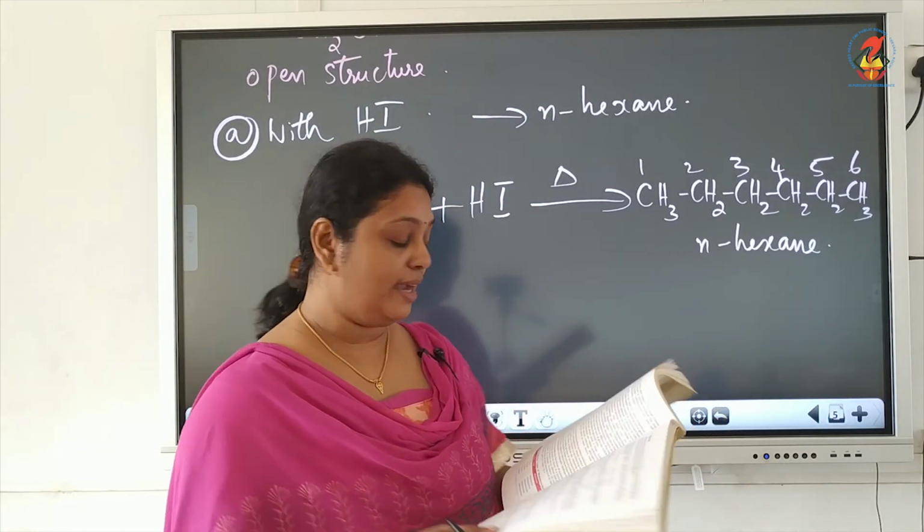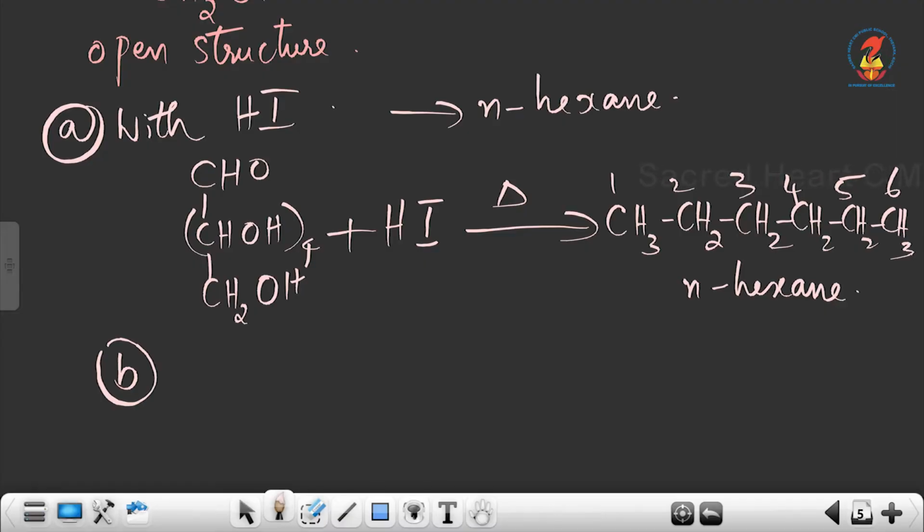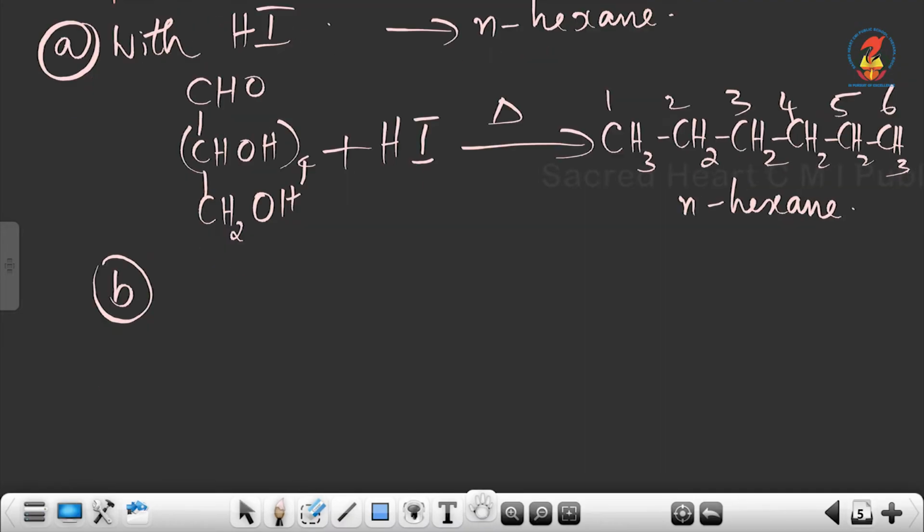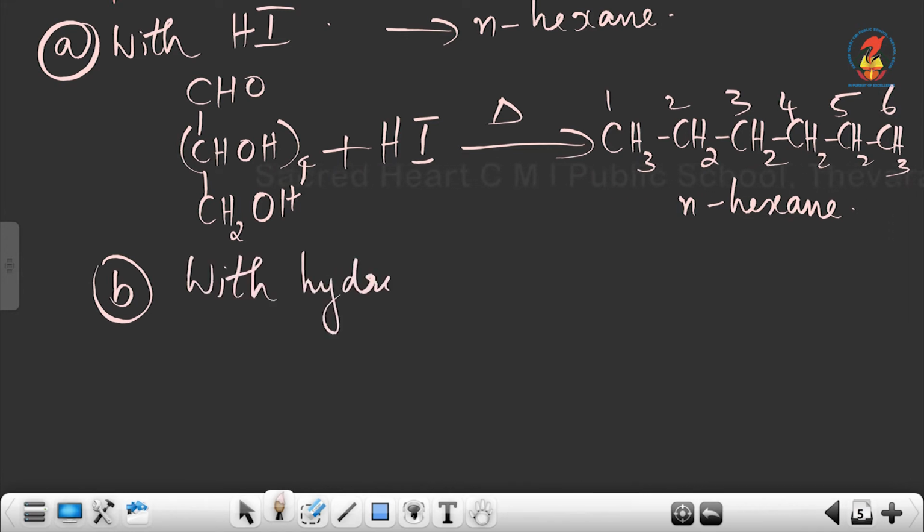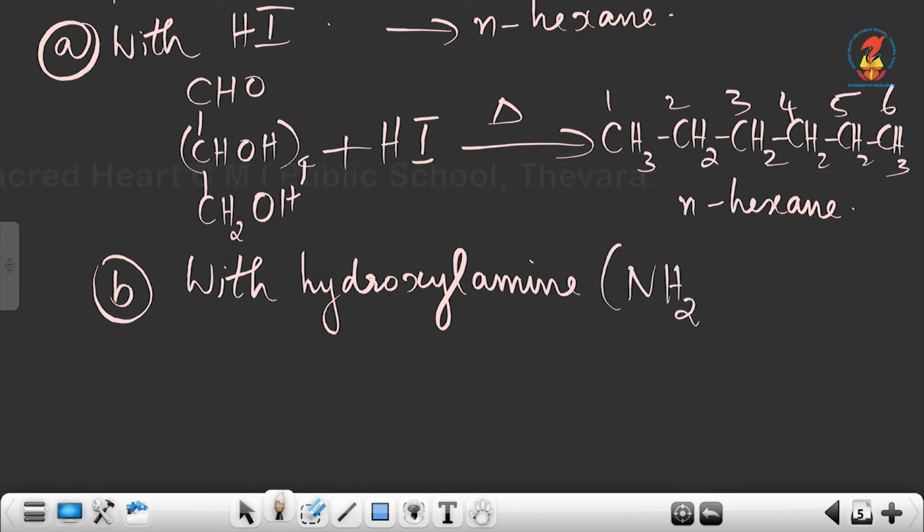Now the next reaction, that is reaction number B, is glucose reacts with hydroxylamine. You know the formula of hydroxylamine, it is NH2OH. It reacts with hydroxylamine to form an oxime.